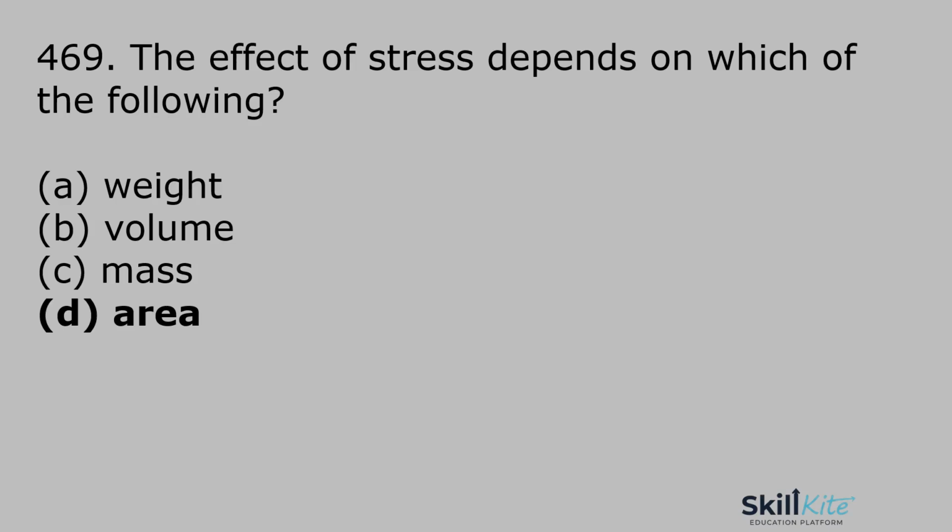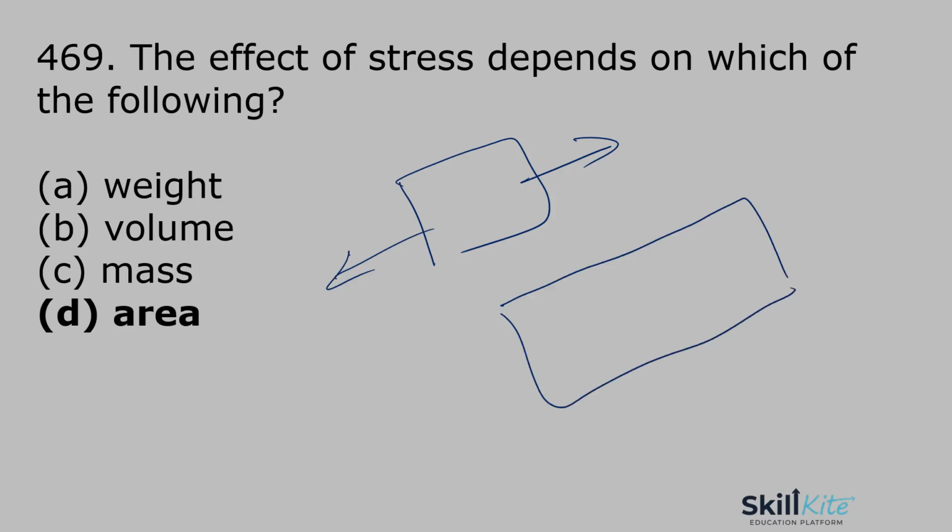So suppose we apply a force to an object like this, it will extend, like a rubber band extends. The body has a strength, so it resists that external force. So this restoring force will be equal in magnitude and opposite in direction to the applied deforming force. The measure of this restoring force generated per unit area of the material is called stress.